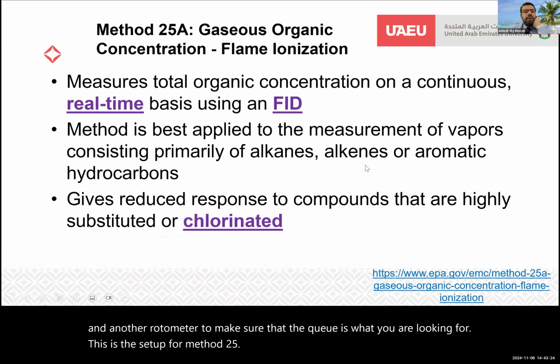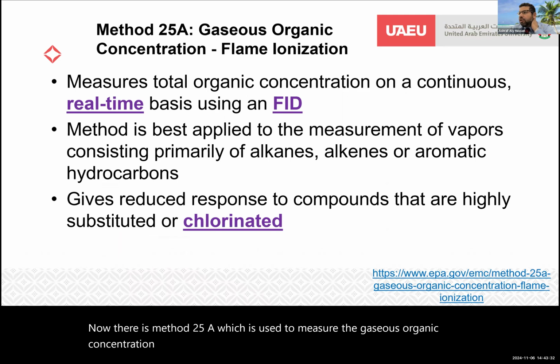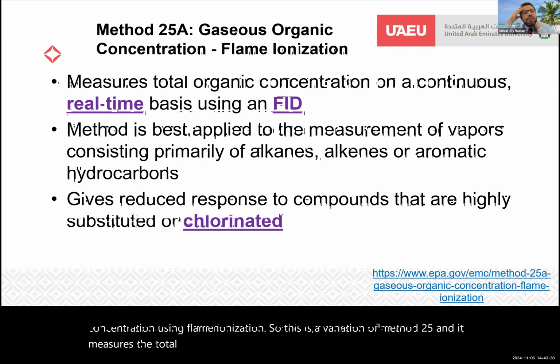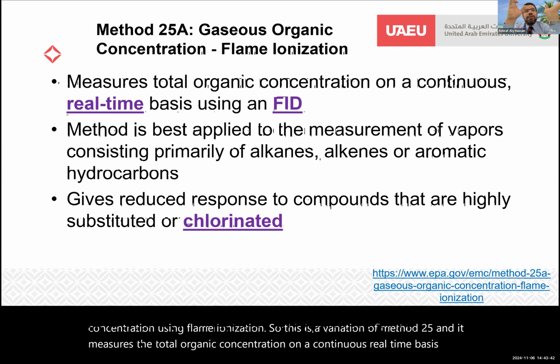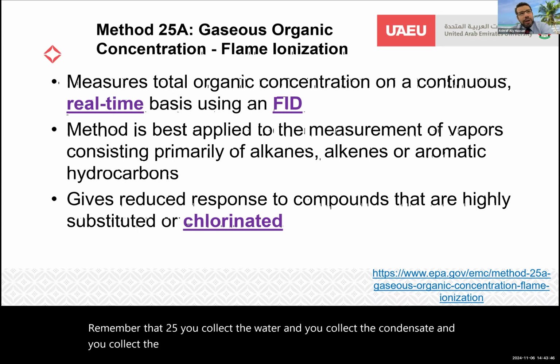Now there is method 25A, which is used to measure the gaseous organic concentration using flame ionization. This is a variation of method 25, and it measures the total organic concentration on a continuous real-time basis. Remember the 25, you collect the water and the condensate and the gas and you take it for analysis.